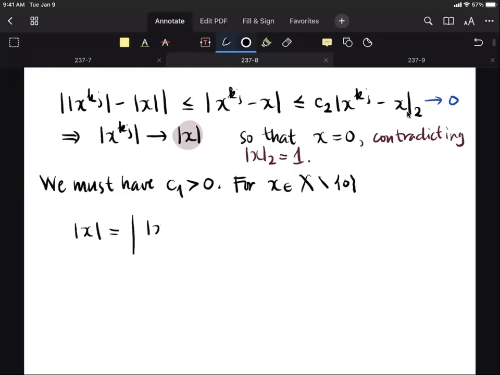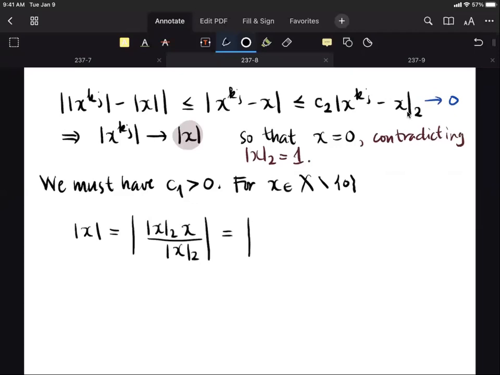So Euclidean norm of x divided by the Euclidean norm. So the assumption that x is not equal to 0 is provided here so that the denominator will not vanish.